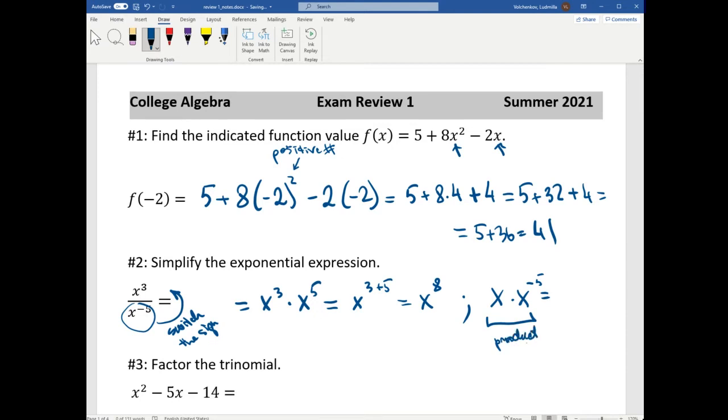So we add exponents. The first exponent is 1. The second exponent is -5. 1 plus -5 will be x to the power -4, or the same as 1 over x to the 4th.